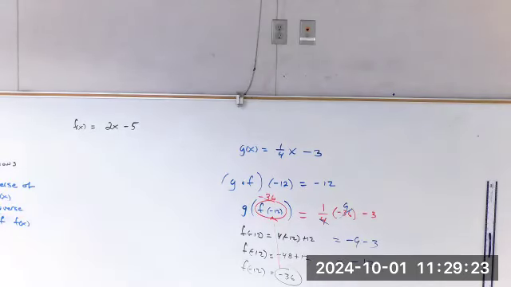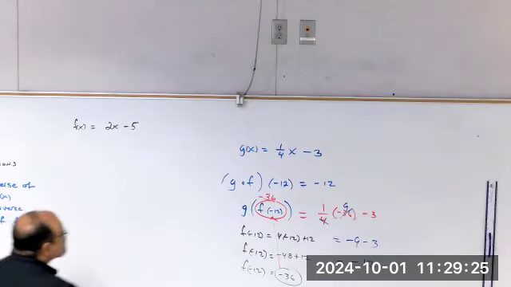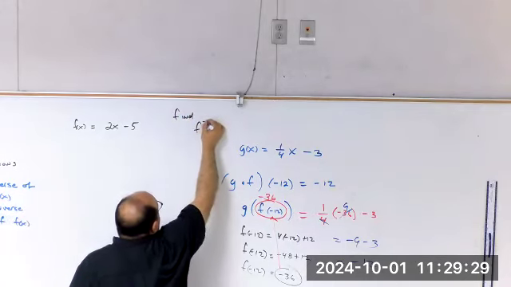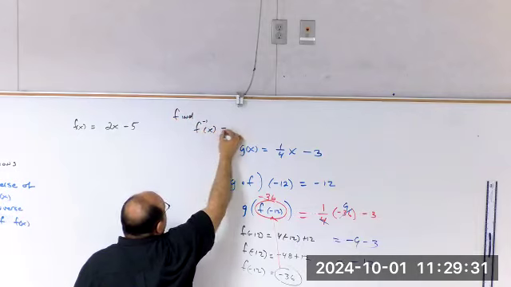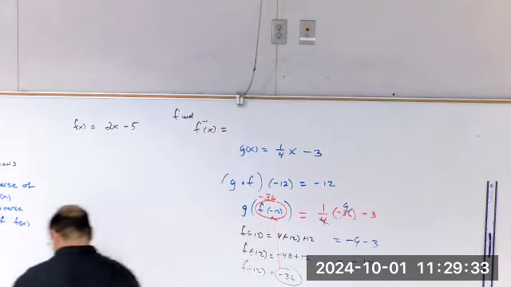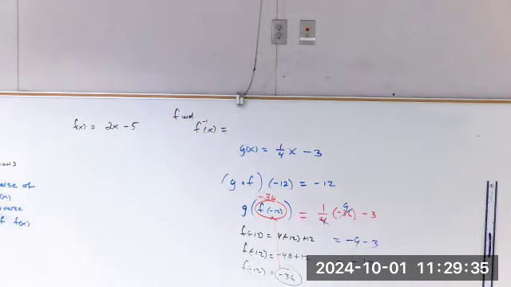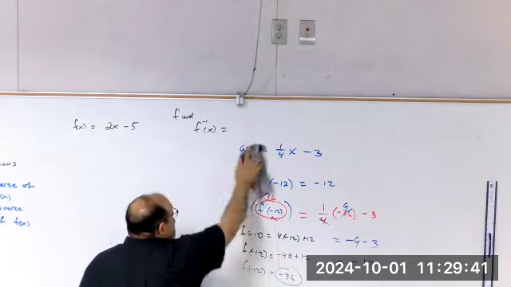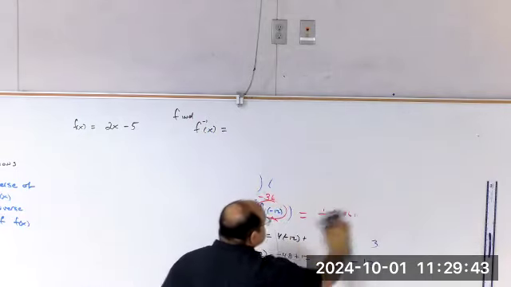Okay. Find f inverse of x. What is the actual inverse function? So you've got to come up with the equation, like I came up with this. I did the 3 steps in my head.